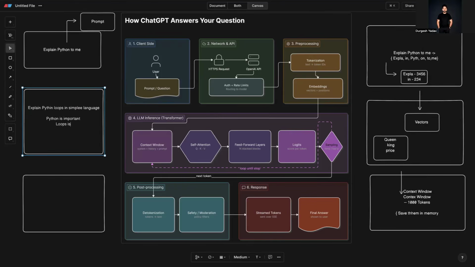Loops is important. Simple language is important. In this self-attention period, AI tries to understand that whatever the user has written in the chat needs to be mandatory in the answer. That's why it is known as self-attention.